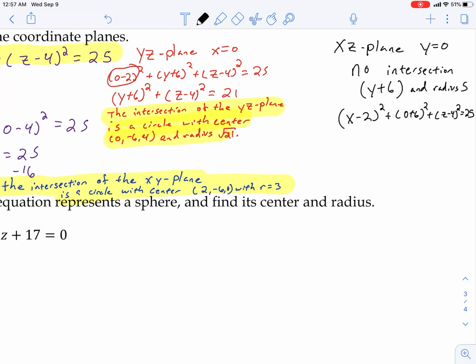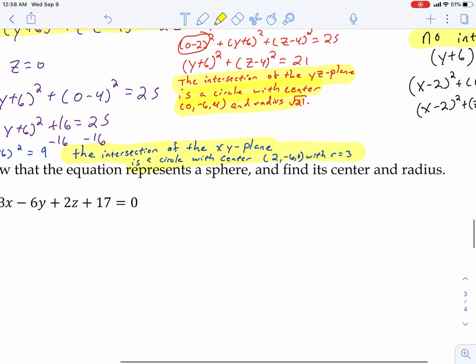And then we get 36, and we subtract 36, we would be left with x minus 2 squared plus z minus 4 squared equals negative 9. Therefore, we'll have a radius, we'll take the square root of that, and again, we can't take the square root of a negative value. So therefore, that would also be able to help you tell that there's not going to be an intersection.